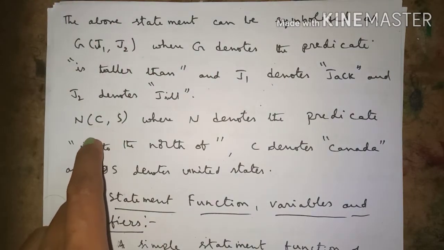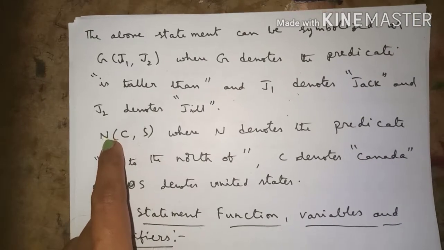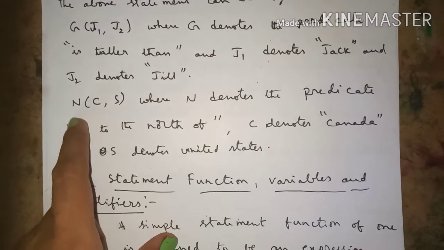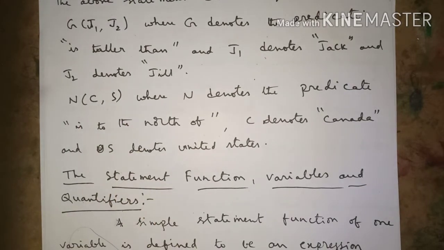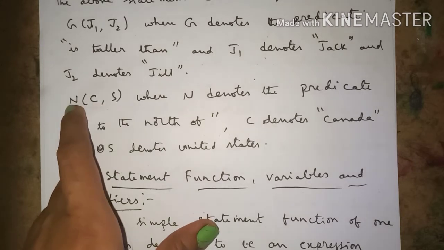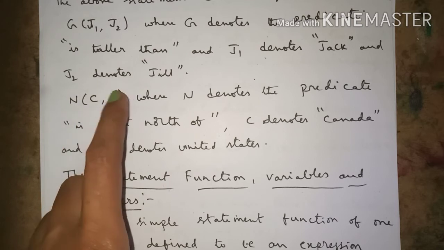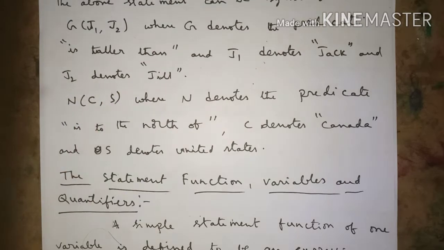Now N of C, S: N denotes the predicate is to the north of, C denotes Canada and S denotes United States. N of C, S means Canada is to the north of United States.